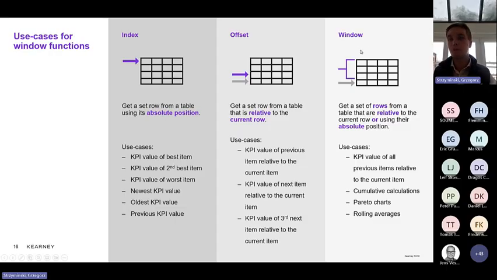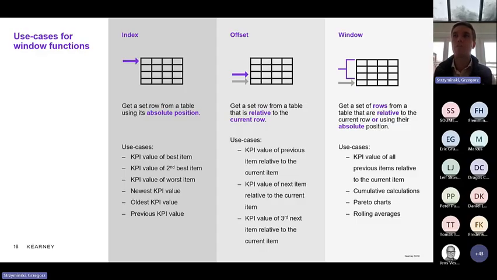Now, the window function is the most intricate of those 3, and we can return a set of rows, so more than one, using either the relative or absolute positions of these rows. And typical use cases include something like the cumulative calculations, rolling averages, also Pareto charts, but that's a variation of the cumulative calculation, you could say.